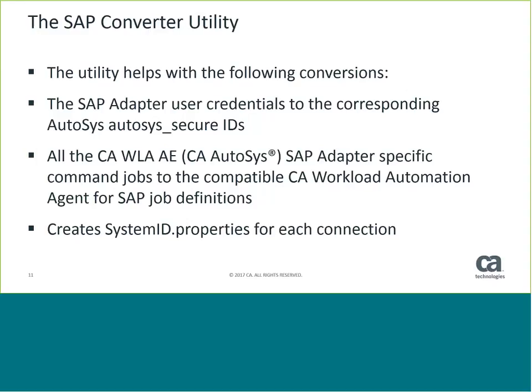For the SAP-specific jobs, the other part of the conversion utility will take those jobs and their JIL and translate it to the new job type. So if it's an SAP copy job, it creates a copy job within AutoSys. If it's creating a job from scratch, like a report variant, it will create what we call an R3 job or an SAP job. It also creates the systemid.properties file for each SAP connection.